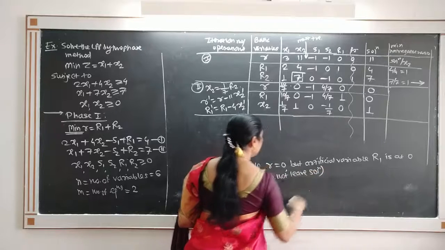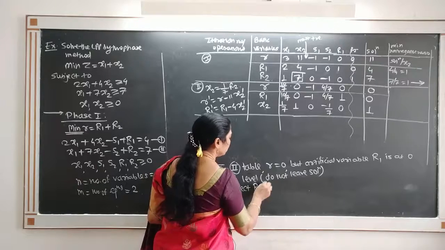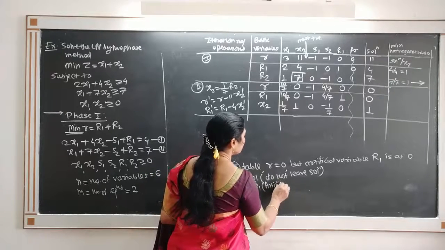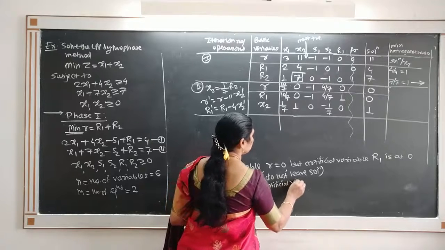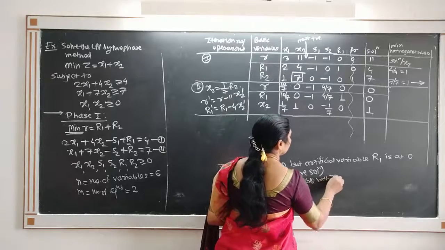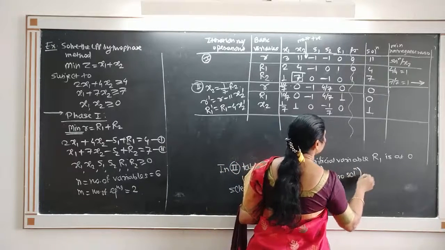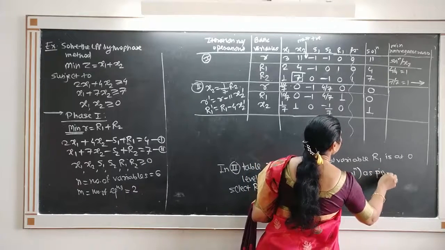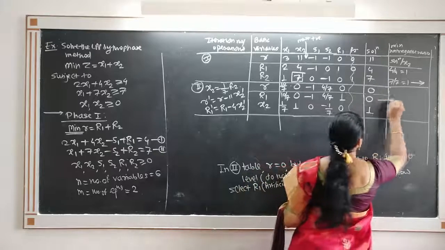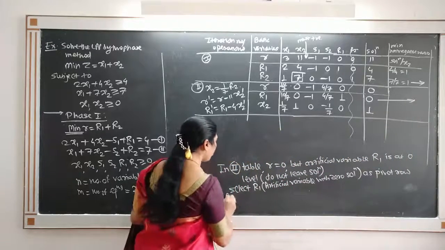So what you have to do, select R1, the artificial variable with 0 solution, as pivot row. So in the next step we select R1 as pivot row, and I mark the arrow for this. This is the pivot row. And which is the pivot column?